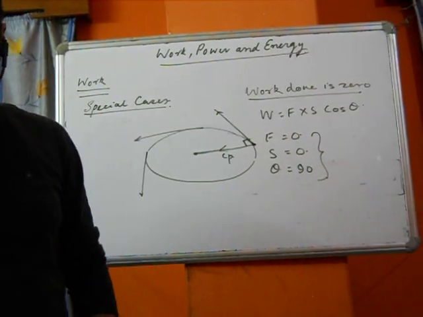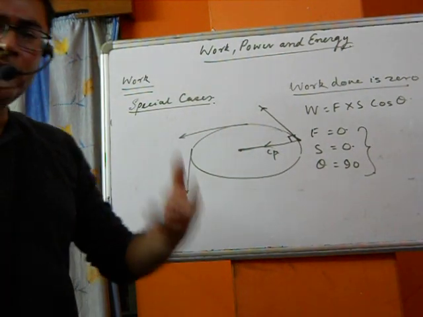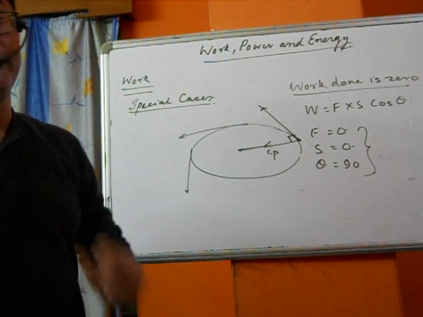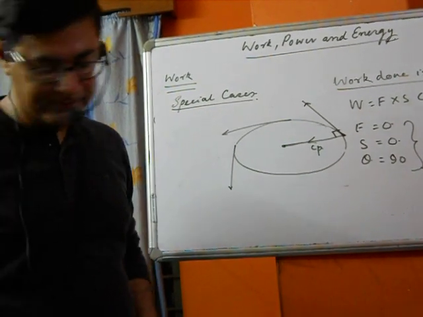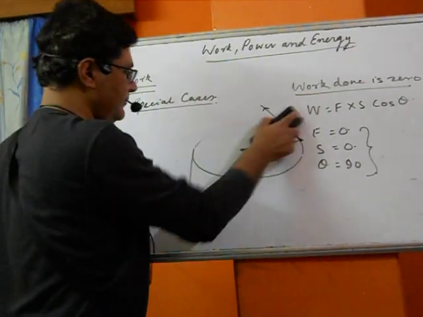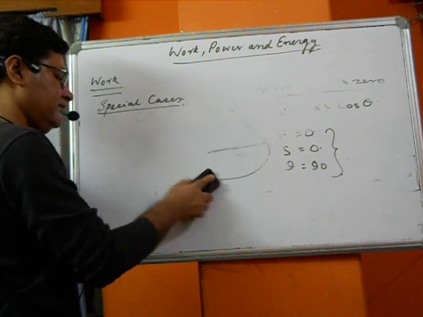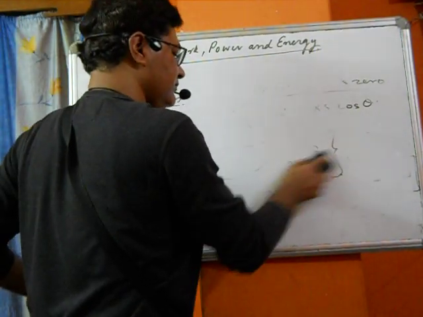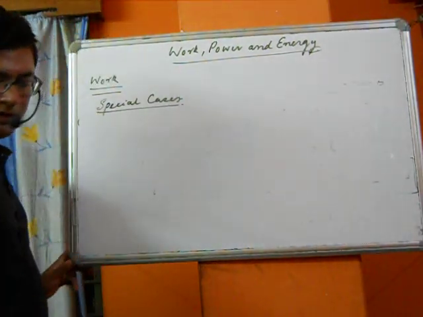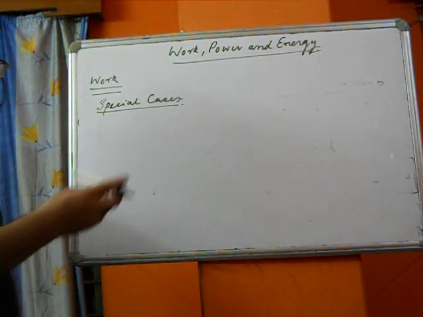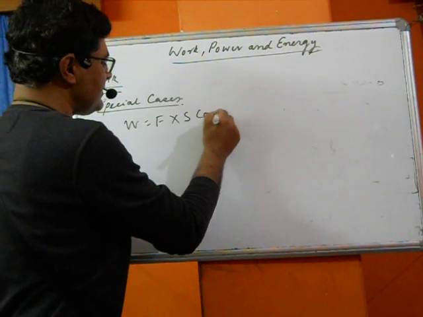Right? Now, there is one more thing. Work done by an object can also be negative. What is this negative? We say work done equals F into S cos theta.